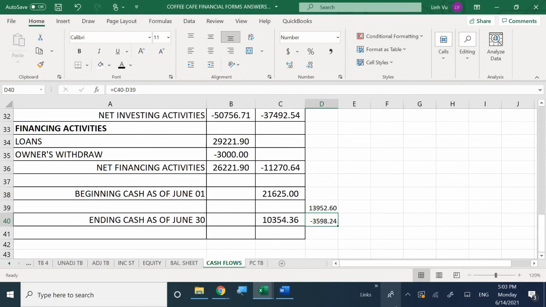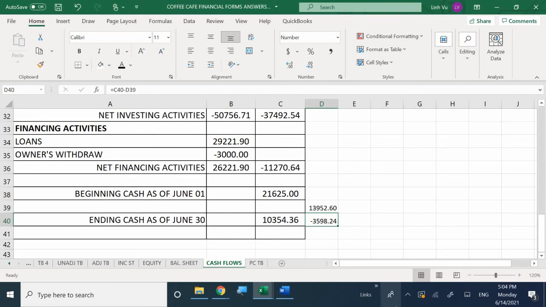Because we start off with an account balance. Everything that we've done so far for the company for operating, that's the money that we did for running the business. The second part was the money that we used to invest to make purchases of assets and stuff. And then the last one is what additional things we've had to finance the company. In this case, we took a loan out, and of course we took money away from the company, so that hurt our financing operations.